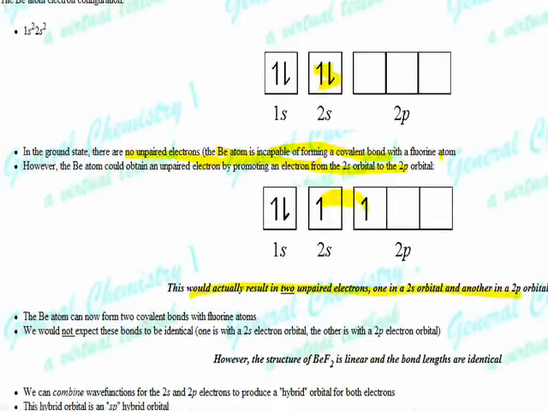Since these are now available for bonding, we can combine these orbitals. So we combine the 2s and the 2p orbitals, we hybridize them. They become a hybrid, and that s and p orbital combined is now an sp hybrid orbital.